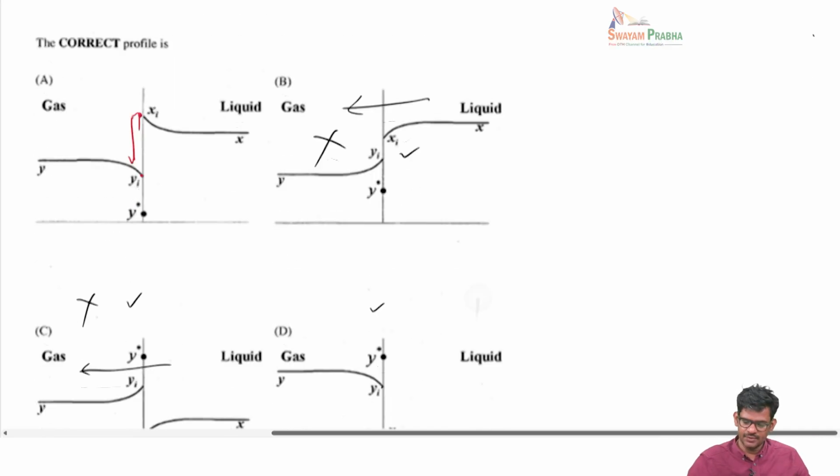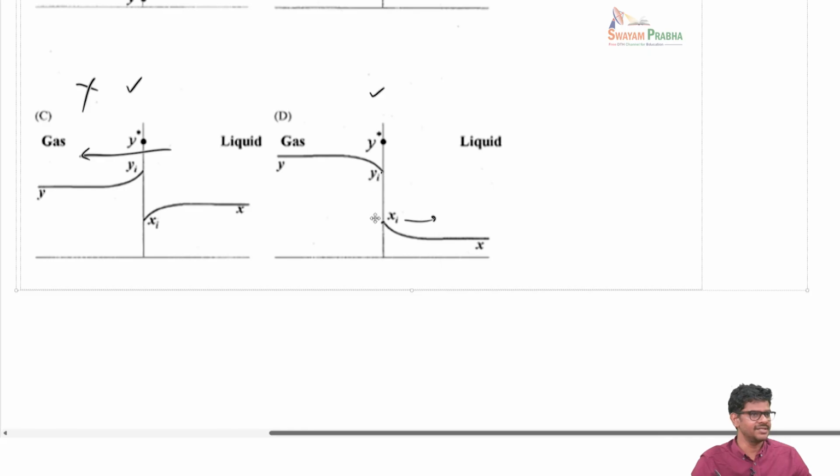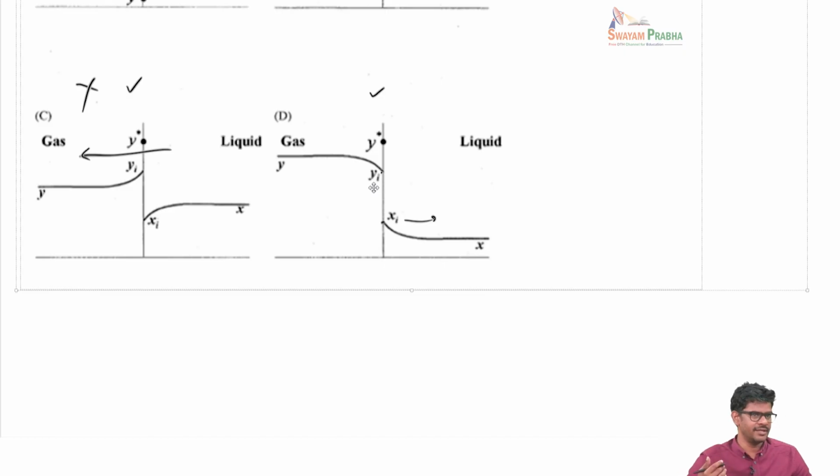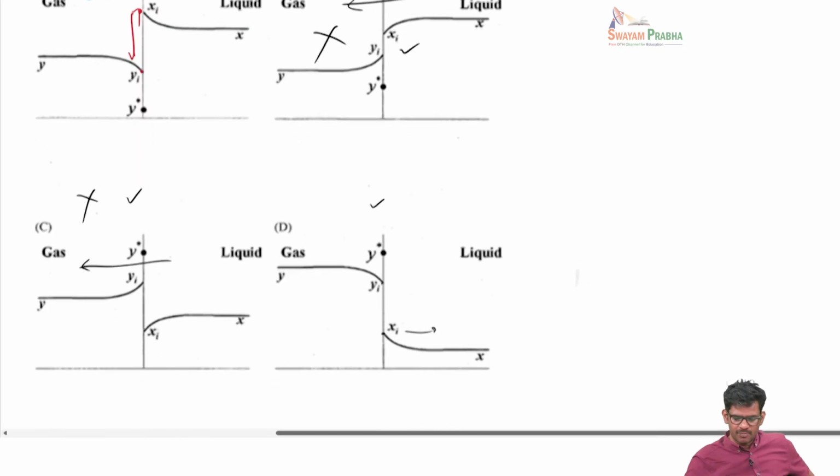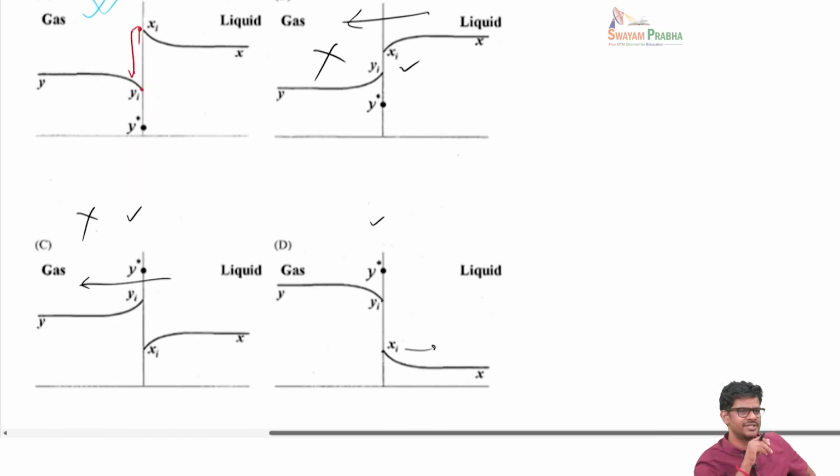In the other case, y is larger than x, so m would have to be more than 1, but we know m is actually less than 1. I like this problem because there is so much information here about whether it's absorption or stripping, and whether the equilibrium line has a higher or lower slope. All that is nicely represented here.